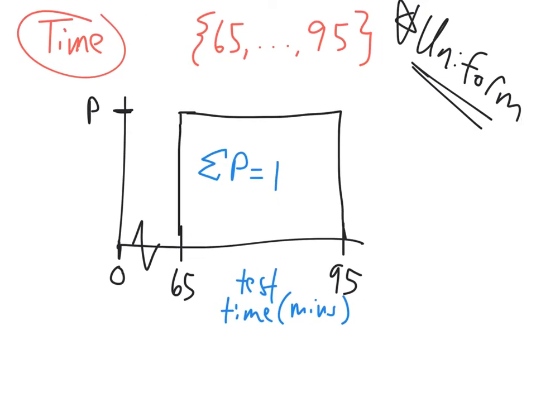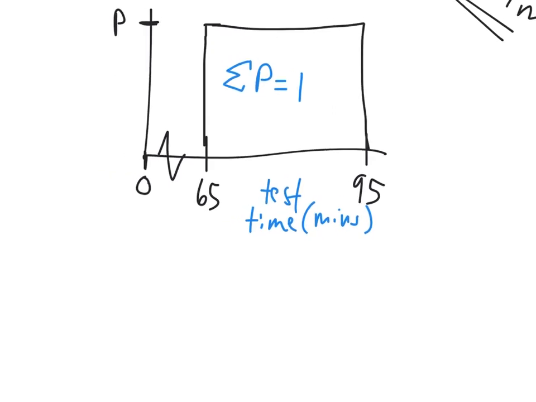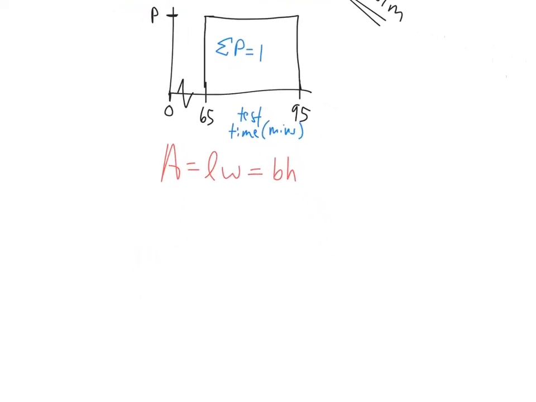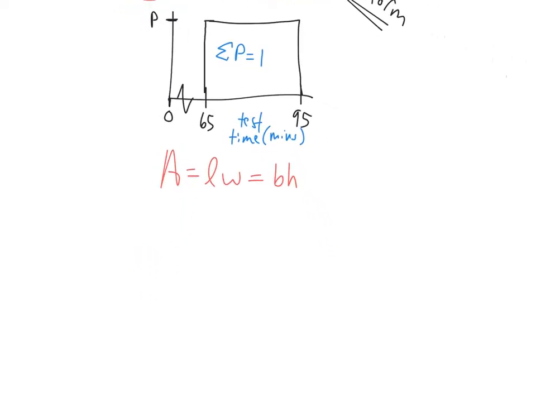And if we consider this like the area of a rectangle, so the area of a rectangle would be length times width. In this case, the length is the base of this rectangle, and the width is the height of this rectangle. And in this context, the base would be 95 minus 65.